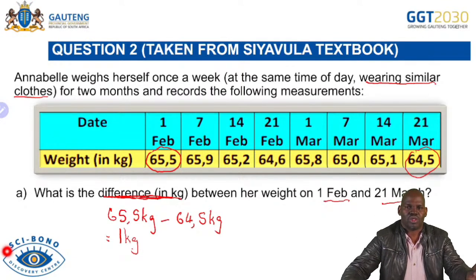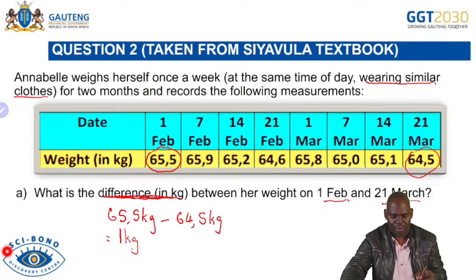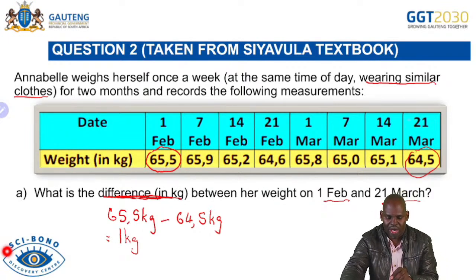The difference is 1 kilogram. Okay, so the difference between her weight on the 1st of February and 21st of March is 1 kilogram. But you can see that on the 21st, she was weighing 1 kilogram less. So that is 1 kilogram less.